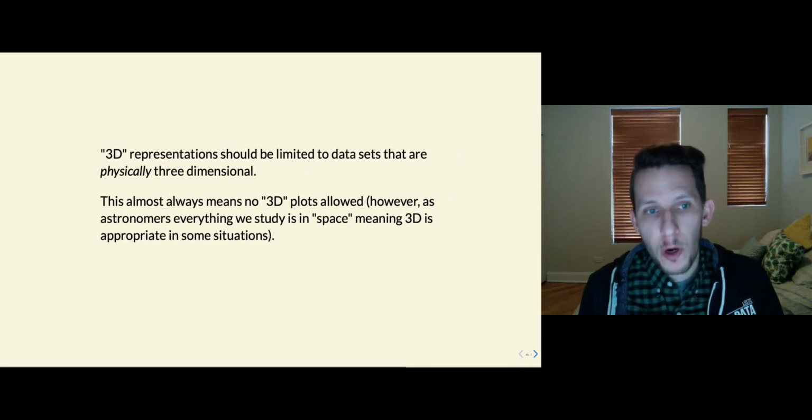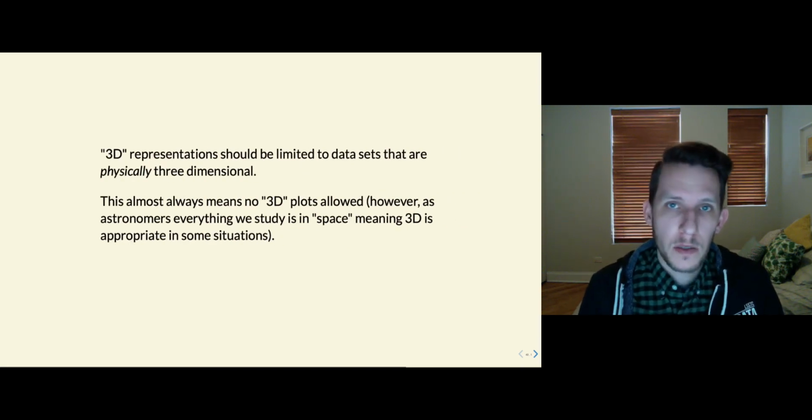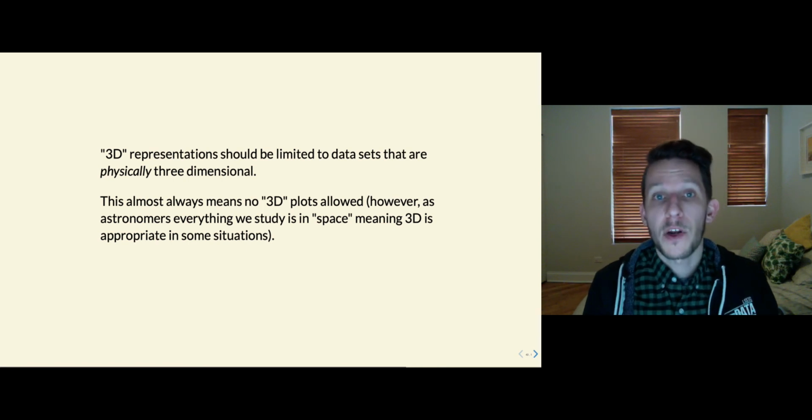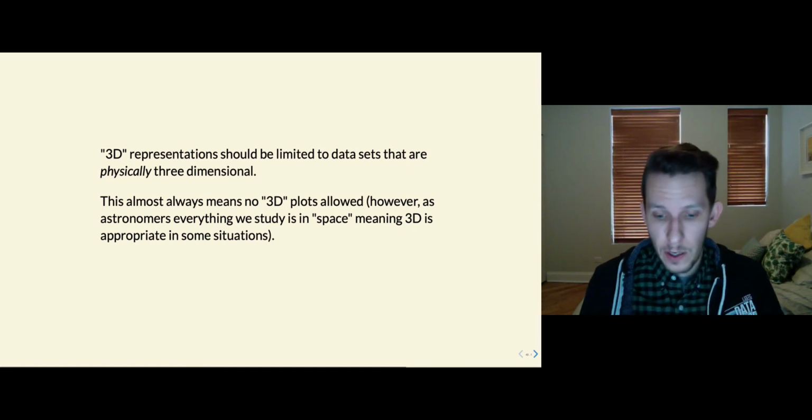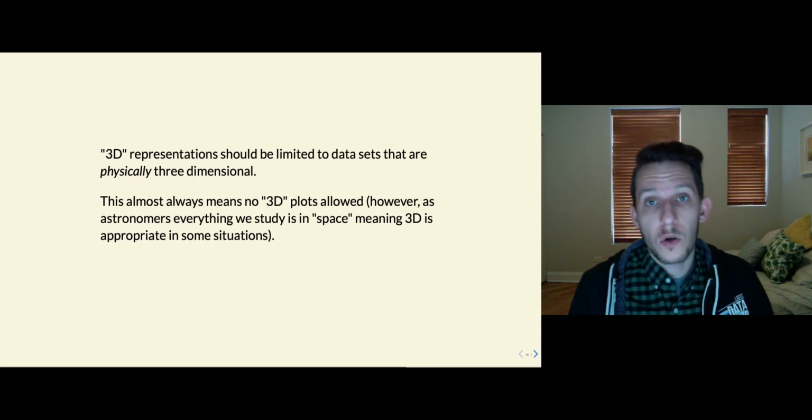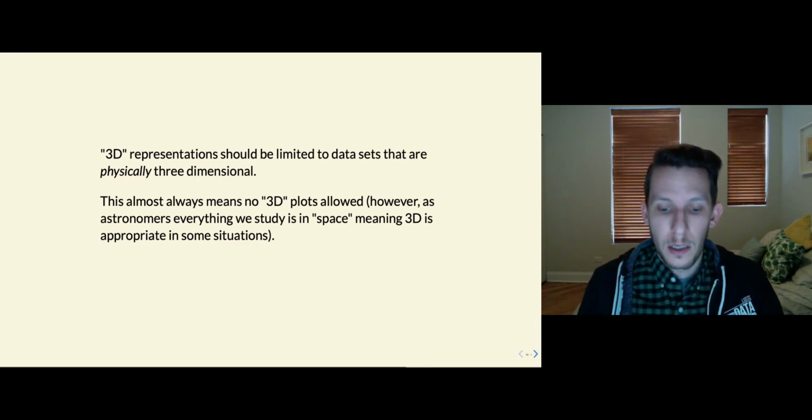Furthermore, 3D representations should be limited to data sets that are physically three-dimensional. And so what I mean by that is if you have like particles that are moving through space, that is something that is three-dimensional and so is a worthwhile 3D data set.